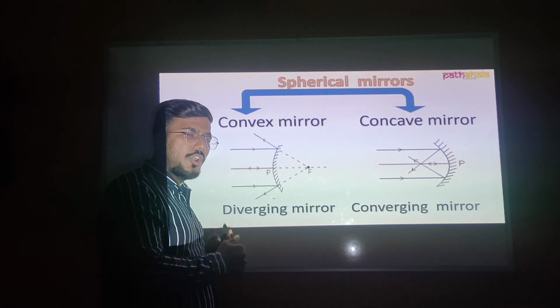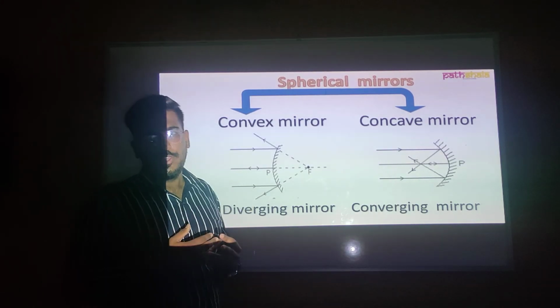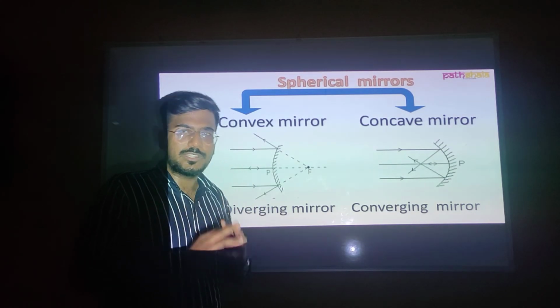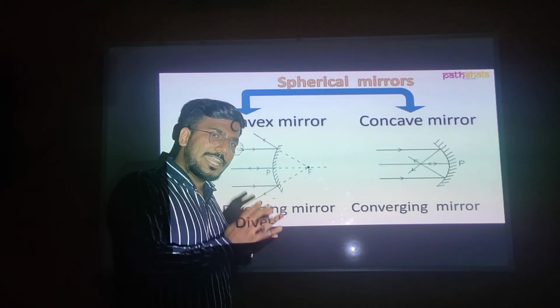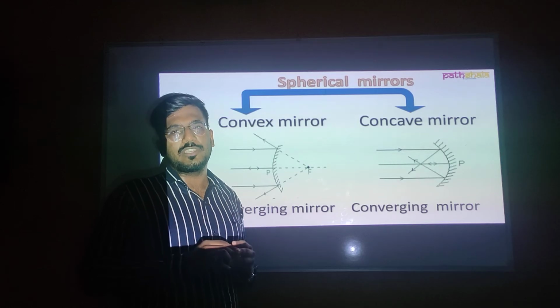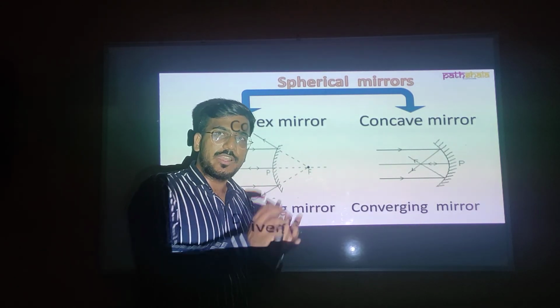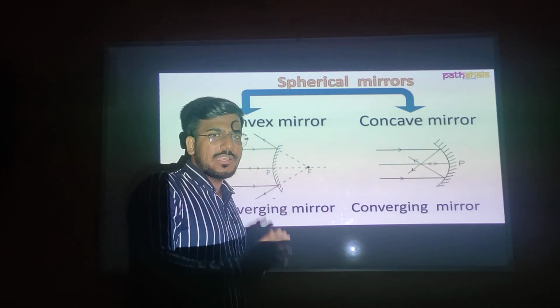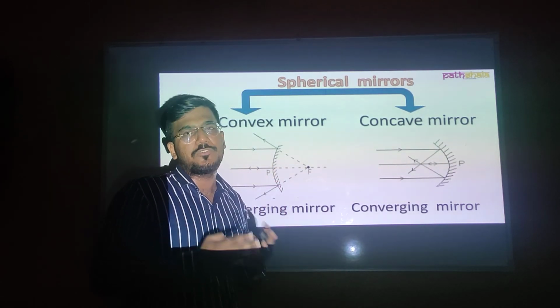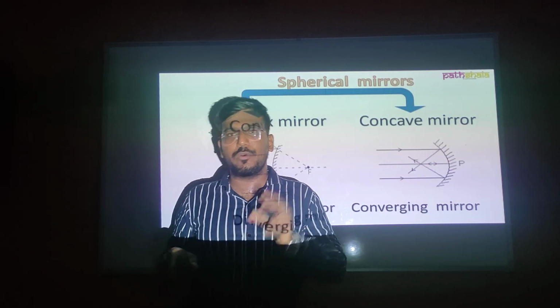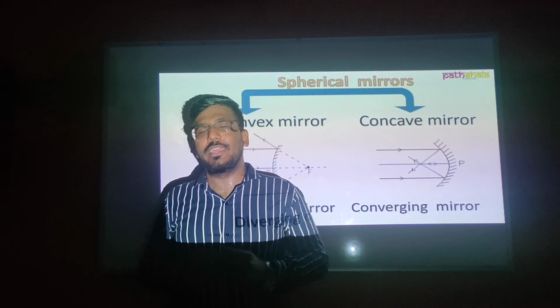So such a mirror is also called a diverging mirror. So if they ask, a concave mirror is a dash mirror, it is a converging mirror. A convex mirror is a dash mirror, meaning it is a diverging mirror. Concave mirror, converging mirror. Convex mirror, diverging mirror. Hope you understand mirrors and the types of mirrors, that is plane, spherical, and the types of spherical, concave and convex, in a detailed way. Thank you.